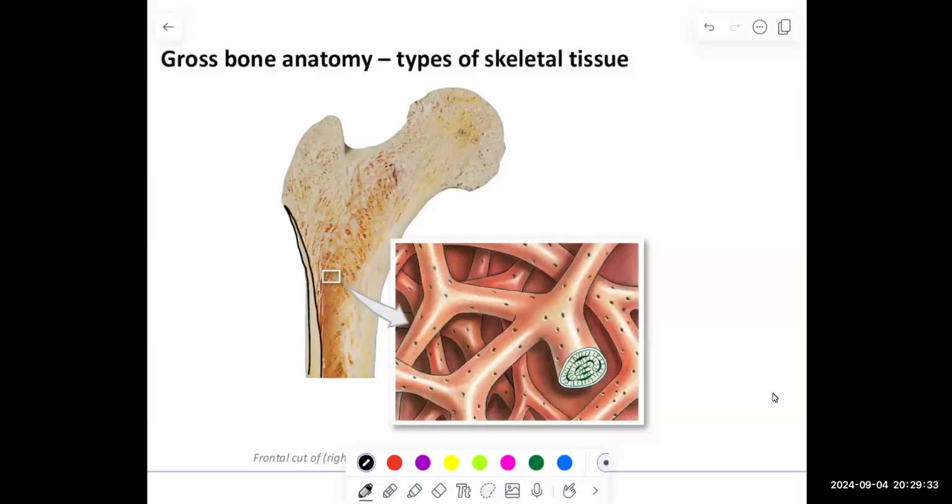Where the bone is solid, that is compact bone. You're going to see areas where the bone is porous. That means you can see gaps and spaces in between. All of this is spongy bone.